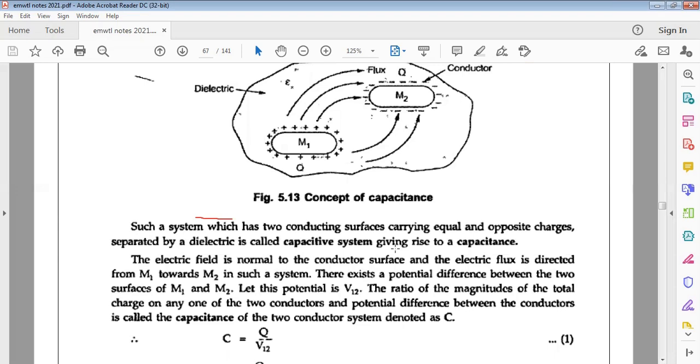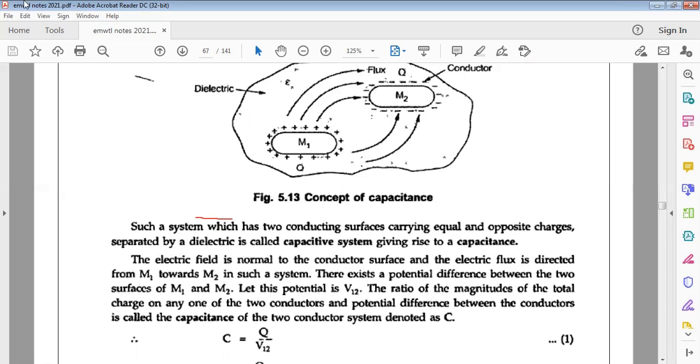The electric field is normal to the conductor surface, and the electric flux is directed from M1 towards M2, such that the electric flux lines are generated from the positive charges and terminated at the negative charges. For M1, the positive charges are distributed on the surface. For M2, the negative charges are distributed on the surface.